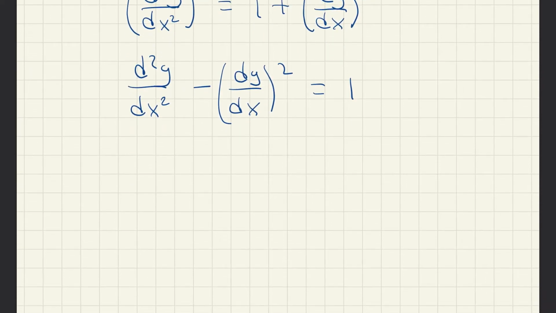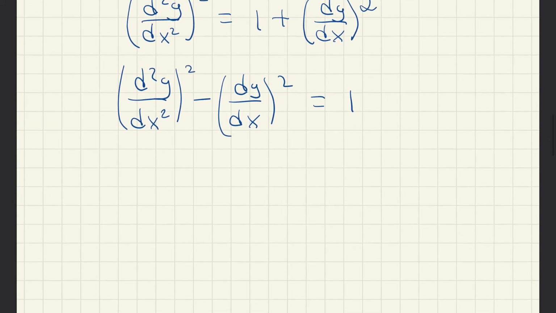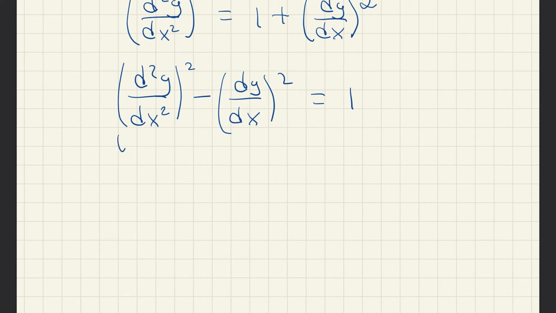And now, oops, I forgot the squared here. Now we can see, first of all, that this is a second order ordinary differential equation, as these are just exponents. These do not mean derivatives. These are just exponents.